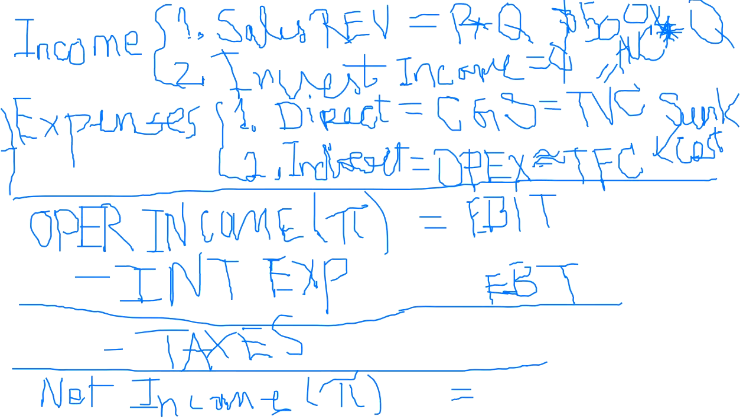But after paying taxes, of course, that's net income or net profit, but you have paid taxes already. So it should be called what? It's called EAT, earnings after taxes. Okay, earnings after taxes.